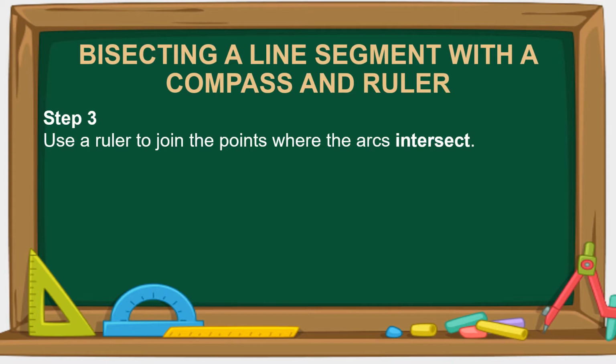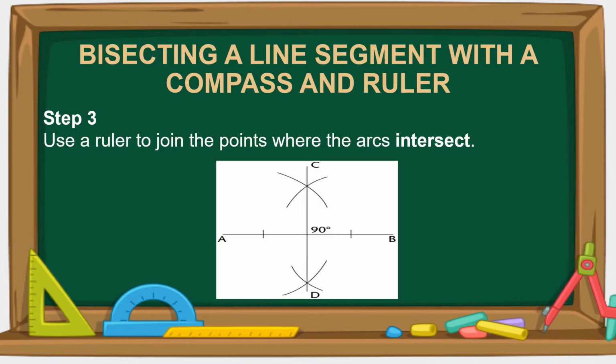Use a ruler to join the points where the arcs intersect. The figure shows that line segment CD is the perpendicular bisector of line segment AB. So, line segment AB is perpendicular to line segment CD.